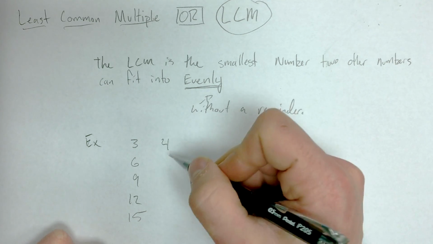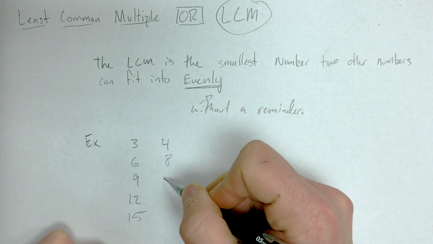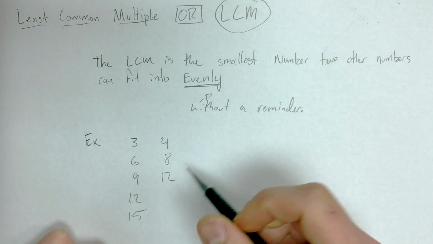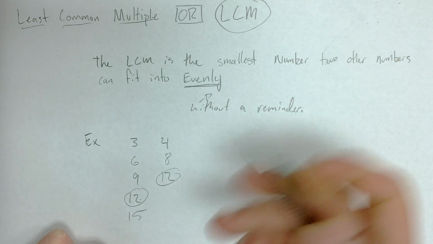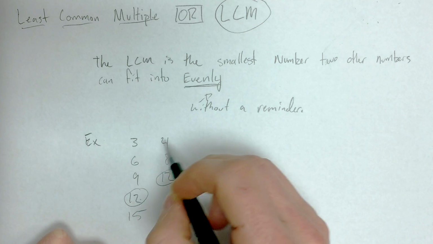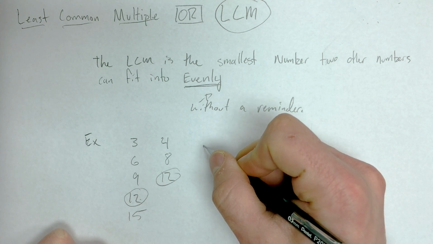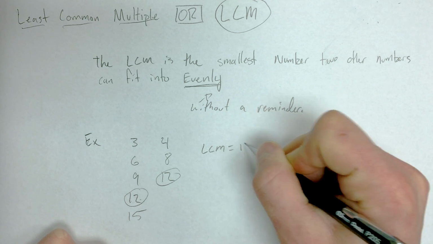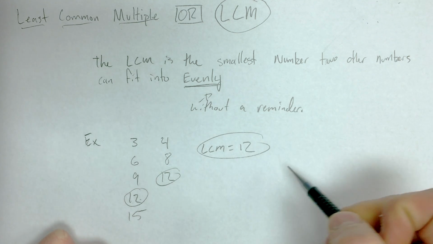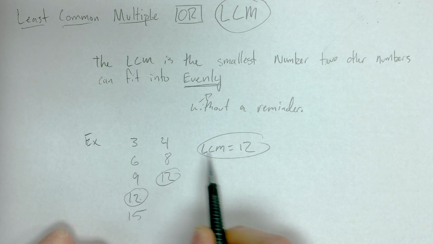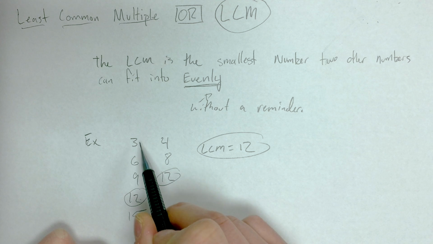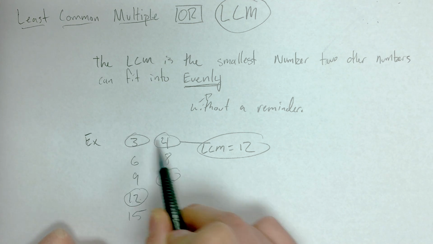Well, we're going to stop there. And then you can say 4, 8, 12. All right, so I have the same number, 12 and 12. The least common multiple of 4 and 3 is 12. That is the least common multiple of 4 and 3.